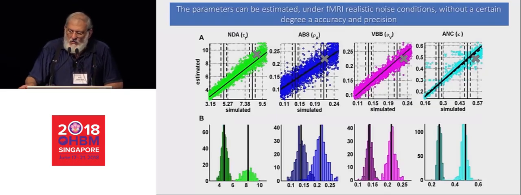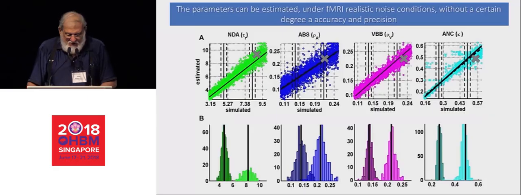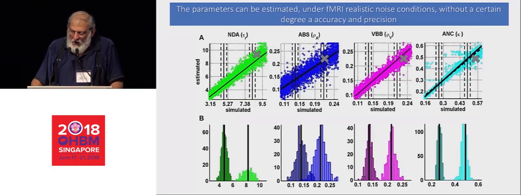On the lower row, this is a different vision of the same set of 1,000 random shocks, and you can see the estimates, shown there for the full, for 2/3 and 1/3 of the data.